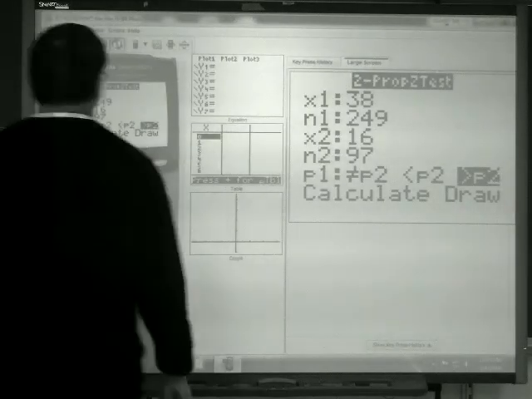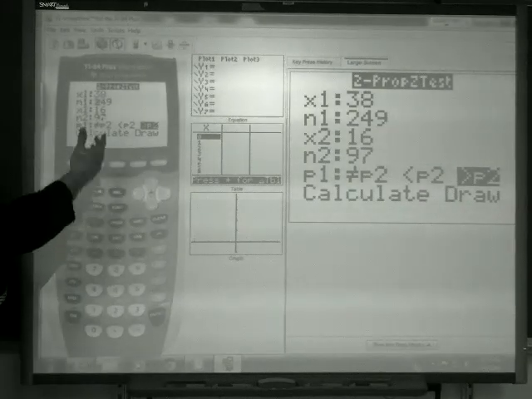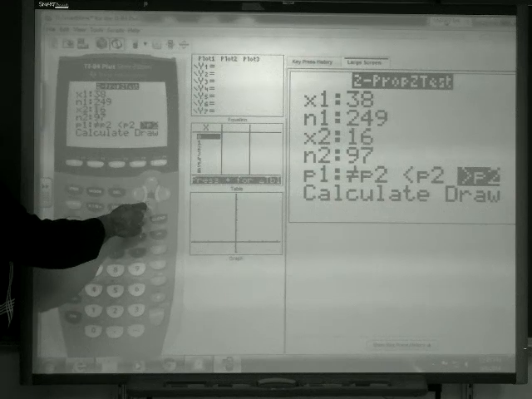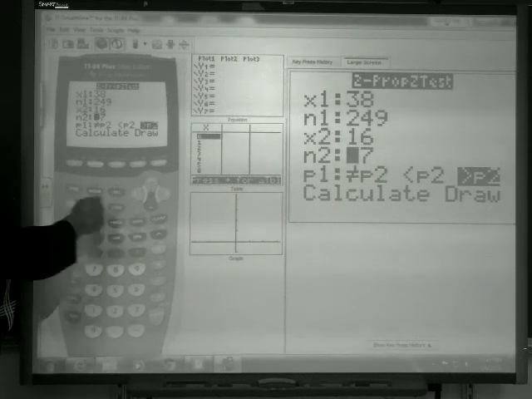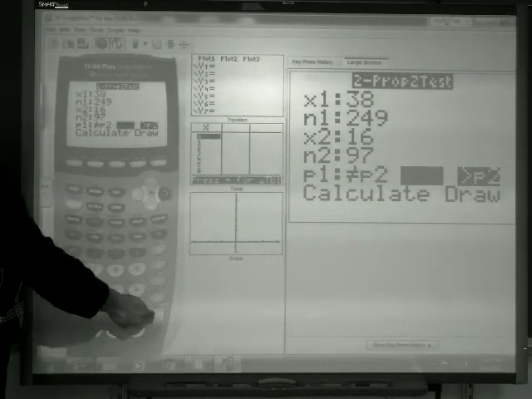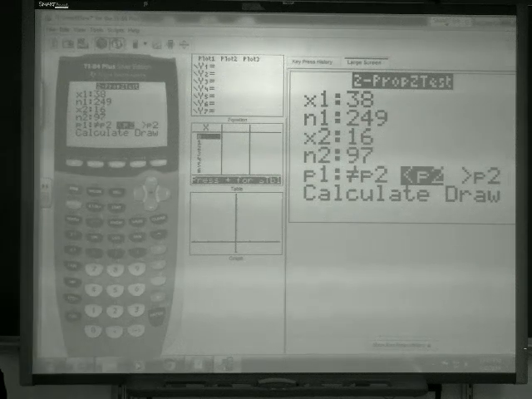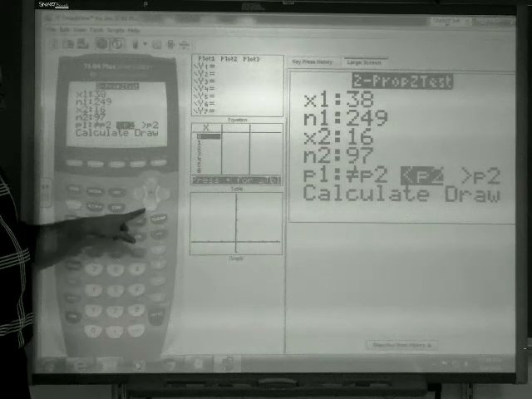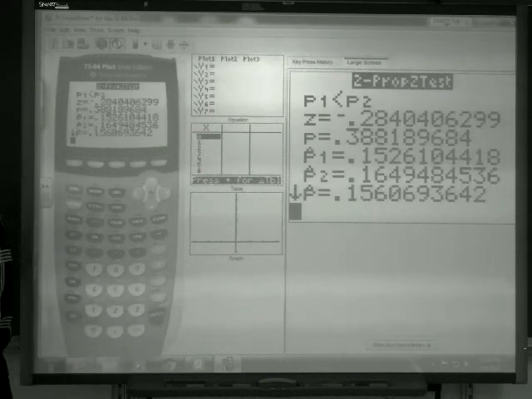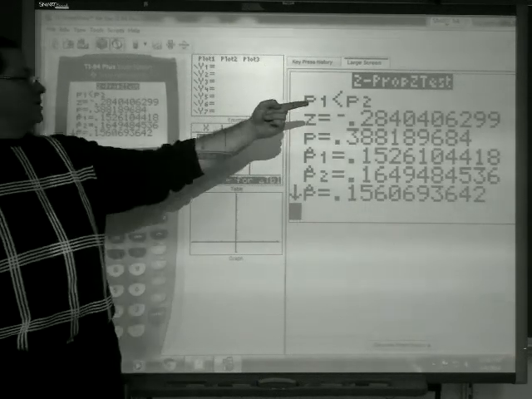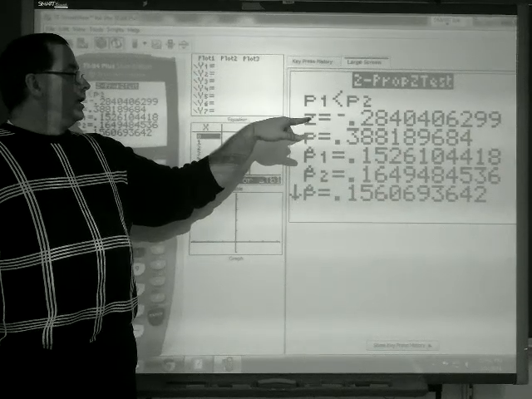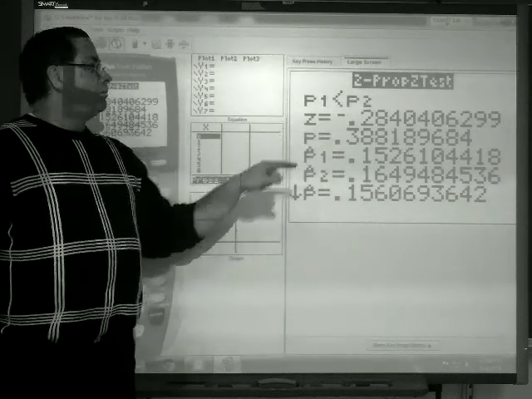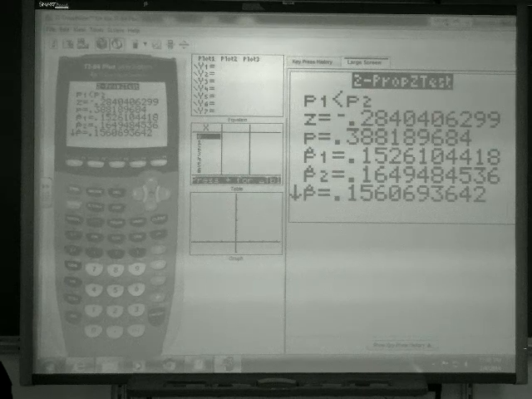Okay, so if I'm using my calculator for our green-eyed person, and if you remember, we thought the girls were bigger than the boys, so let's see if they are statistically significantly bigger than the boys. In other words, boys are less than the girls. Let's see what it comes out to be. And let's see what this thing says. It gives us a z-score. It gives us a p-value, 0.38.